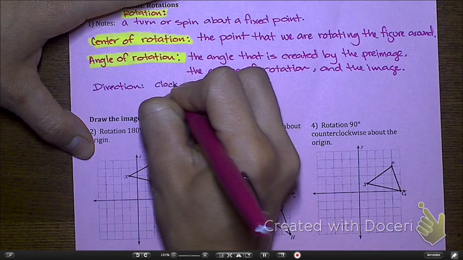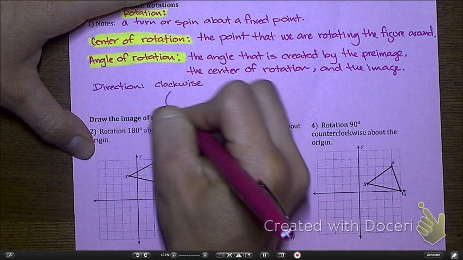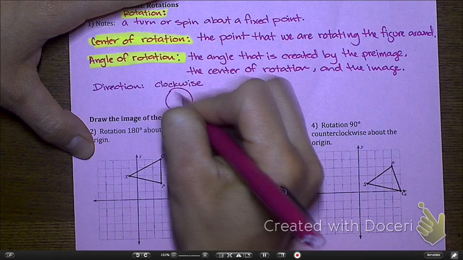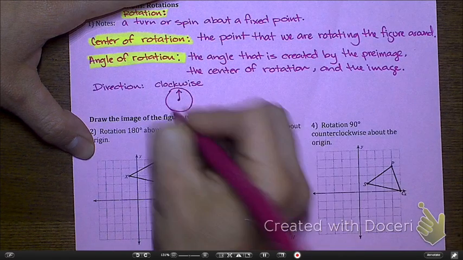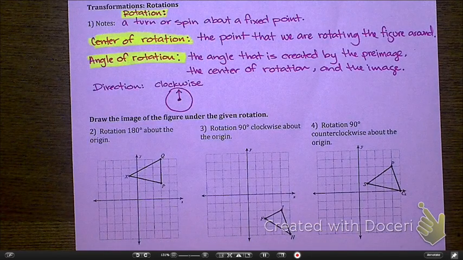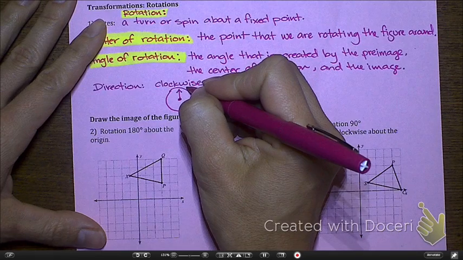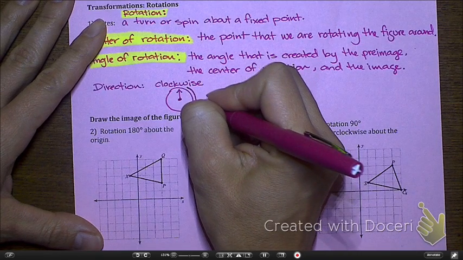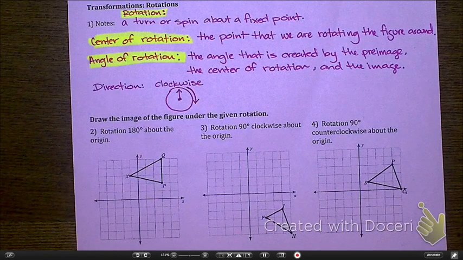Clockwise, everyone draw a clock, means that we're rotating the way the clock goes. Which way does the hand turn on the clock? To the right. If time is moving on, the hand's going this direction, right? So that's a clockwise rotation.